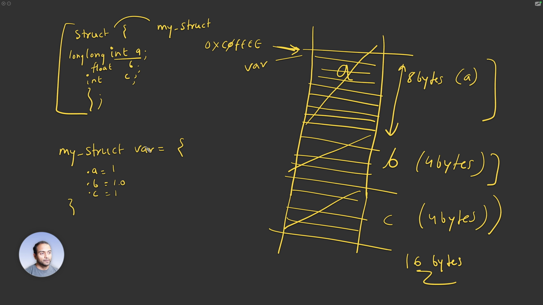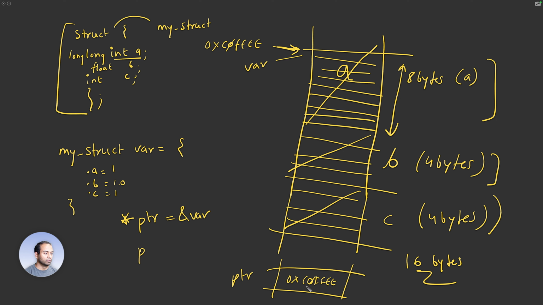So then the question is, when we have, let's say, a star PTR, which is pointing to the address of var, meaning somewhere there is PTR, which is now holding the address, and that means that it is going to point here, right?